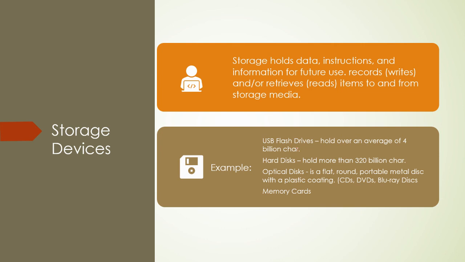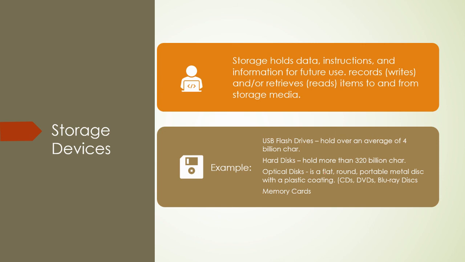So some of the examples are the flash drive or the USB or the universal serial bus flash drives. It holds over an average of 4 billion character, kanang mga 4 gig, 8 gig, karon na ni 32, na ni 64. Pataas, nagkataas na ang storage capacity sa USB. And the hard disks, mas taas-taas na siya og capacity mo, abot siya og 500 gigabytes and terabytes even.